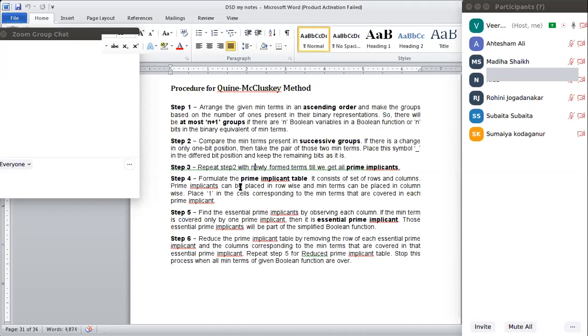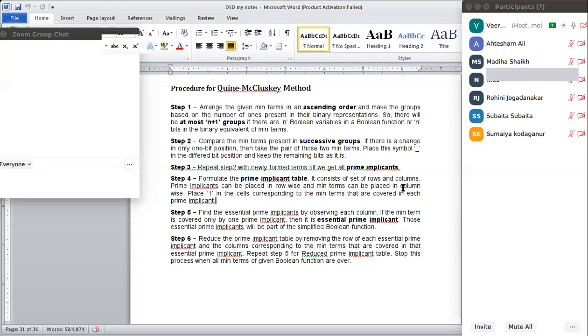Then, to formulate the prime implicant table, it consists of a set of rows and columns. The prime implicants are placed row-wise and the minterms column-wise. That is the fourth step, which we will discuss right now.